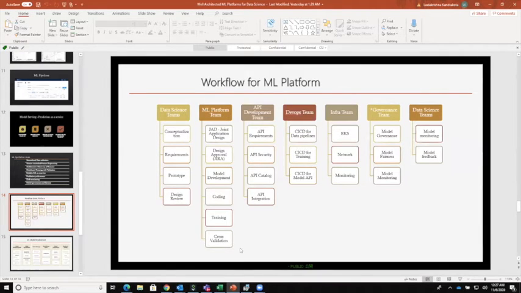So you can see data science teams are responsible for conceptualization, prototypes, and they'll get to a design review of their algorithms. There are ML platform teams that actually start doing training and cross-validation independent of the data science teams. And there are API development teams, DevOps, infrastructure, governance, again back to data science teams where you have to look at model monitoring and model feedback.